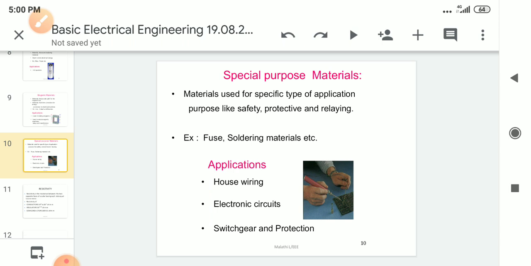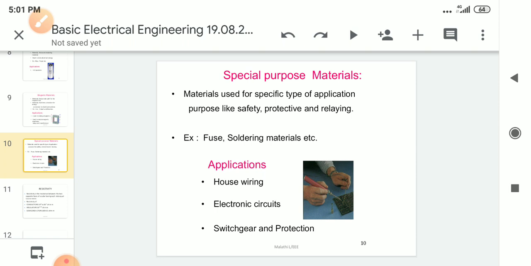These materials are used for special applications such as fuses, soldering, galvanizing, integration, like that. It does not come under conductor, insulator or semiconductor. It is completely special. It is related to that particular application only.